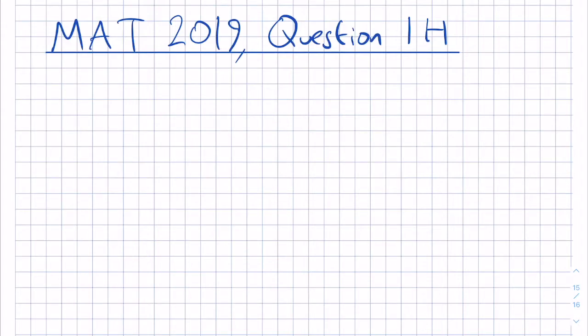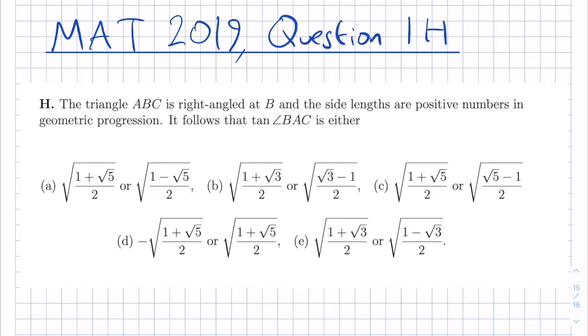This is question 1H from MAT 2019. The question says, the triangle ABC is right-angled at B and the side lengths are positive numbers in geometric progression.